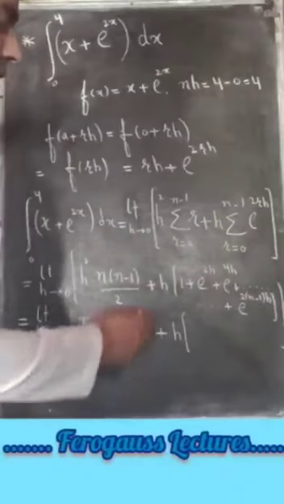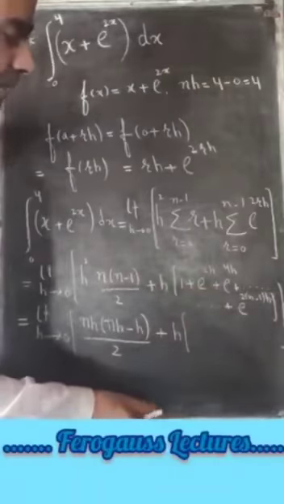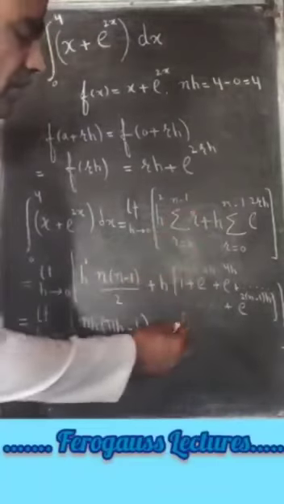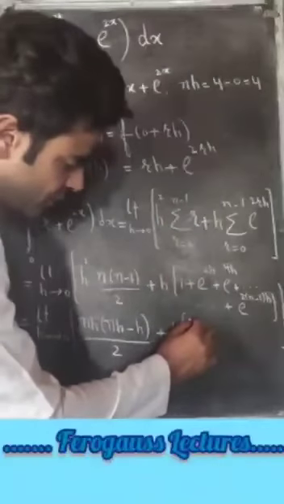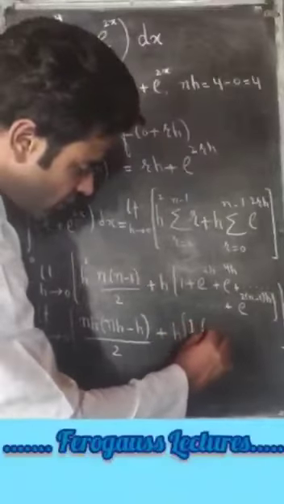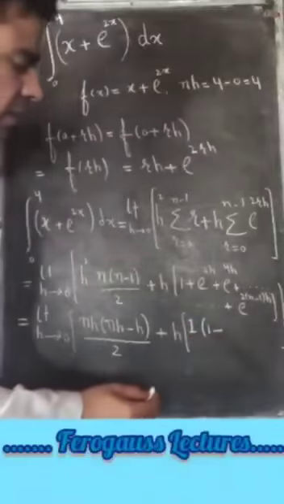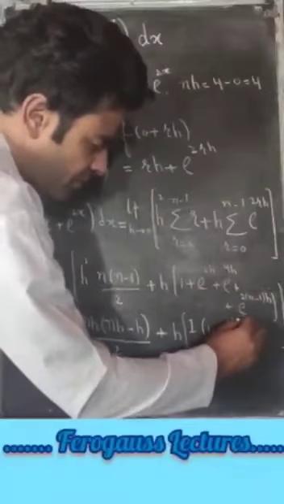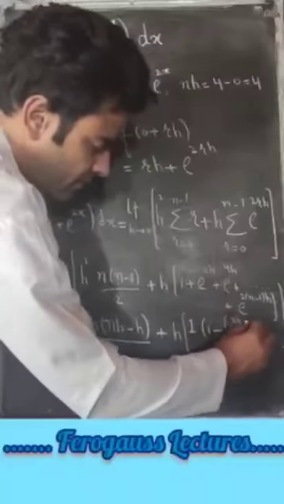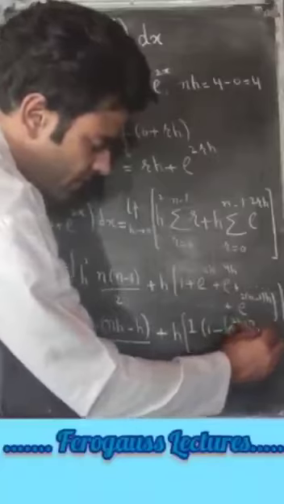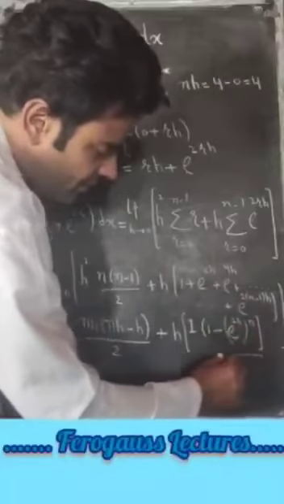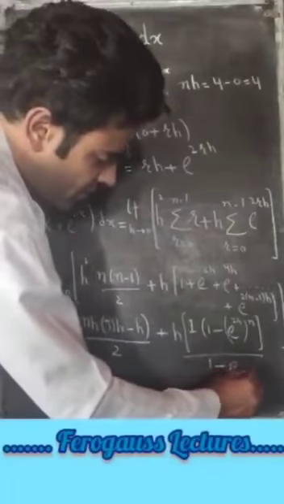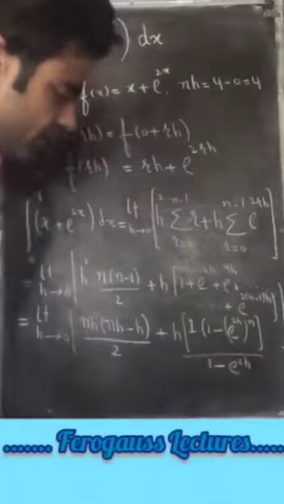We know that the sum of n terms of a geometric progression with first term 1 and common ratio e^(2h) is the first term, that is 1, into (1 minus common ratio raised to n, where n is the number of terms), divided by (1 minus common ratio), that is 1 minus e^(2h).